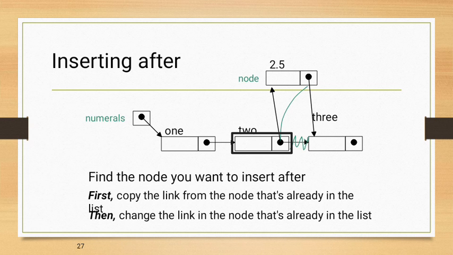Our normal linked list had 1, 2, and 3. Now the squiggly line there is cancelling the pointer from 2 to 3. Instead, we establish a new pointer which comes from the value 2 pointing to the node 2.5 there. Then from 2.5 we point to the node 3.